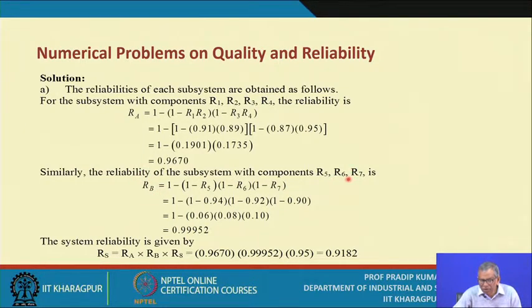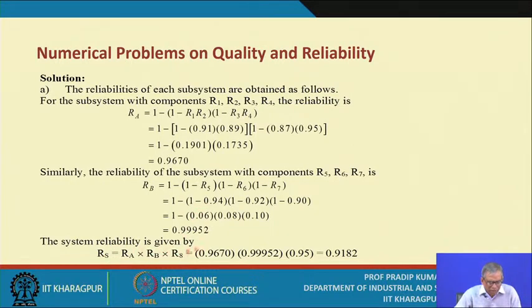So you have R5, R6, R7 components, and they are all in parallel. There could be different expressions: for series you will have one kind of expression for system reliability, if it is parallel, another, and if it is series and parallel, another expression. By looking at the expressions, can you draw the system structure? The corresponding values are all given for all the 8 components.